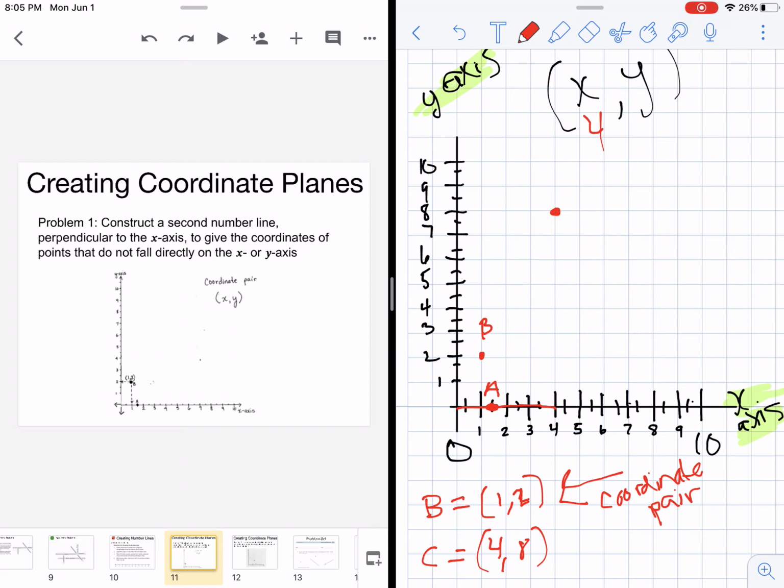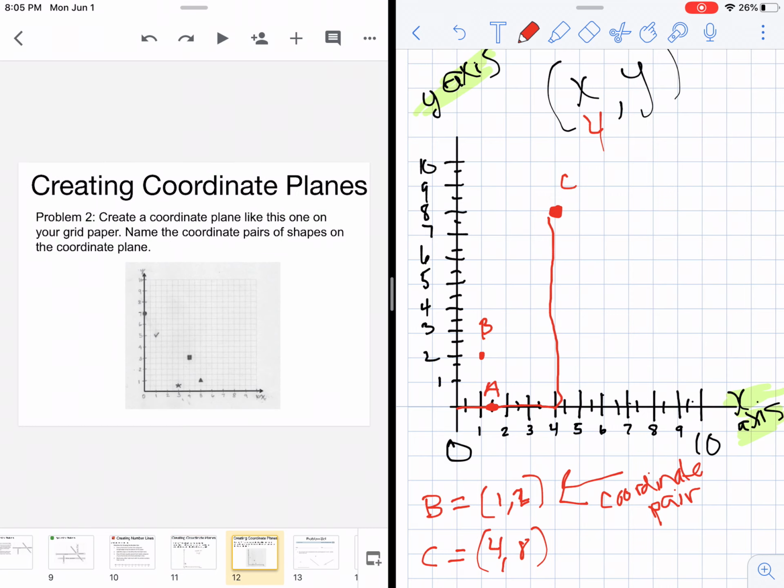And the point where they intersect is where you draw your letter C. Okay, so it's over 4 and up 8 in a straight line. And that is the point where they intersect. All right. So now we're going to move on to problem number 2.